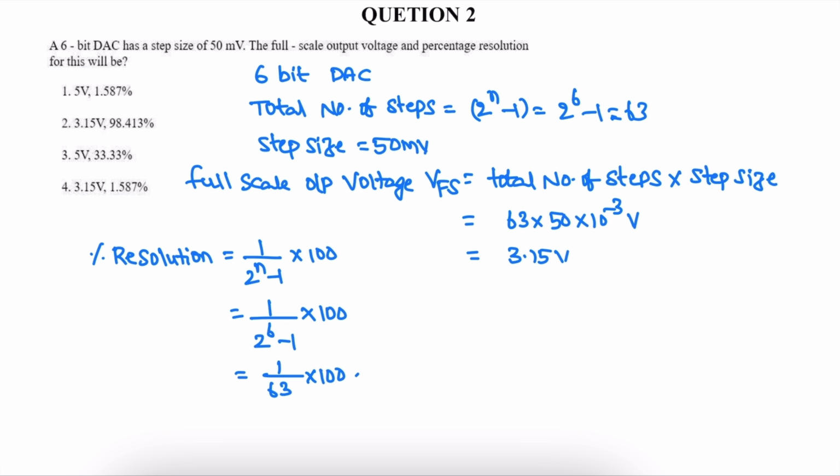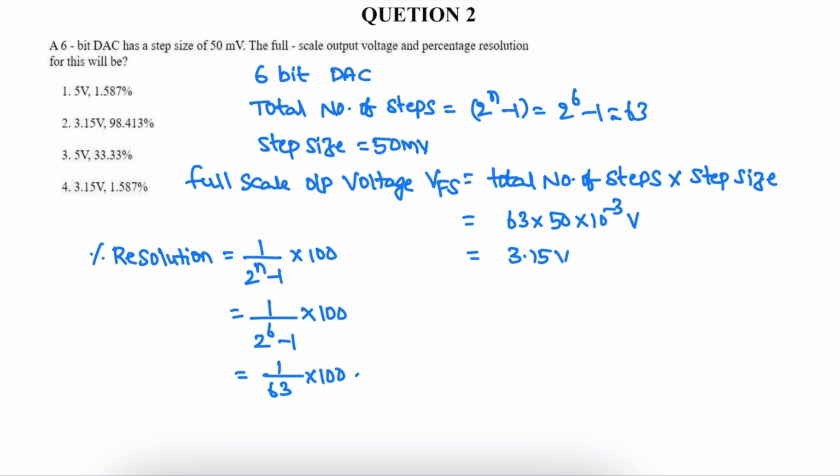Next question: arrange the following logic families in increasing order of their noise margin. Noise margin is defined as the maximum noise signal that can be added to the input of a digital circuit without causing an undesirable change in the circuit output. The noise margin for transistor-transistor logic family, TTL, is 0.4 volts, and noise margin for emitter coupled logic, ECL, is 0.3 volts.